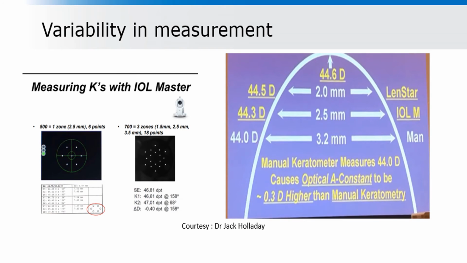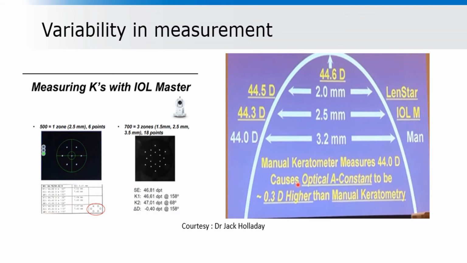In the last slide, we saw how the patient's cornea measured in two different keratometers could give two different readings because the diameter measured in these two keratometers is different. This slide from Jack Holladay explains this in more detail.